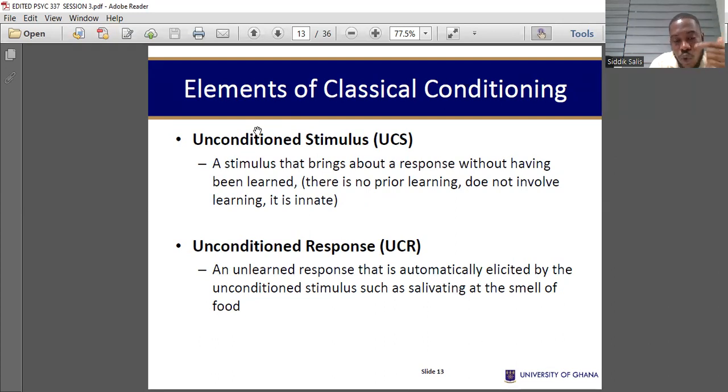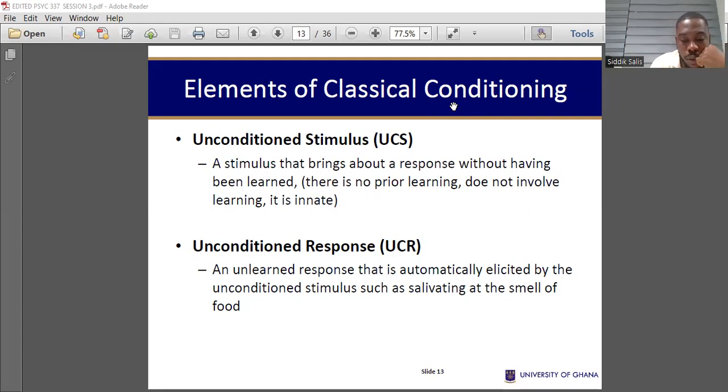So the dog is interested in the meat, not the conditioning stimulus. In the case of the breastfeeding mother, the lactating mother, the child is interested in the breast, and not the applied substance on the breast.